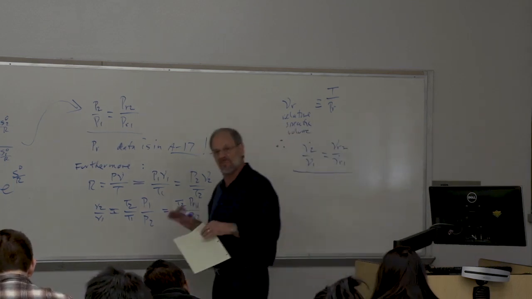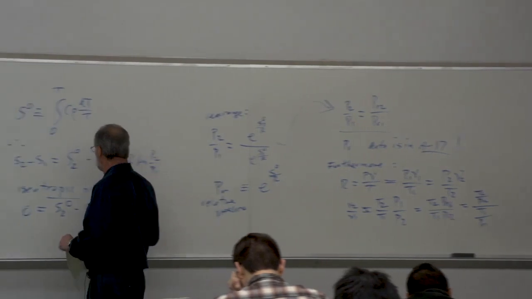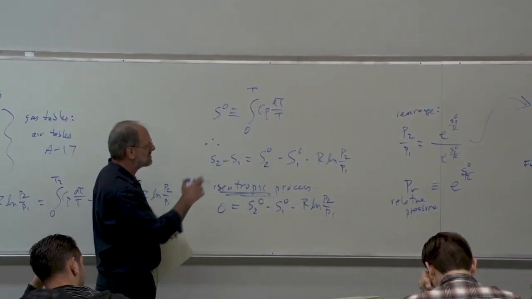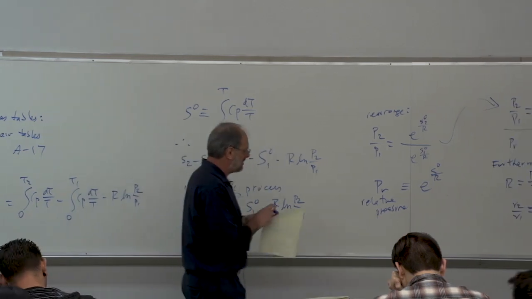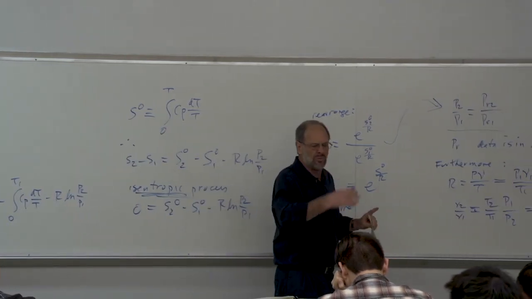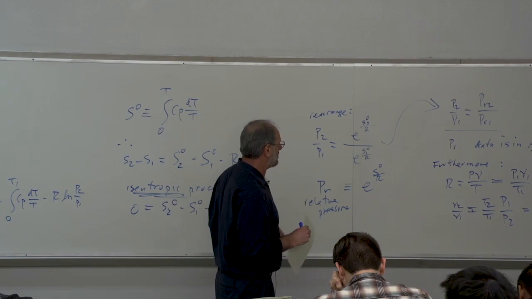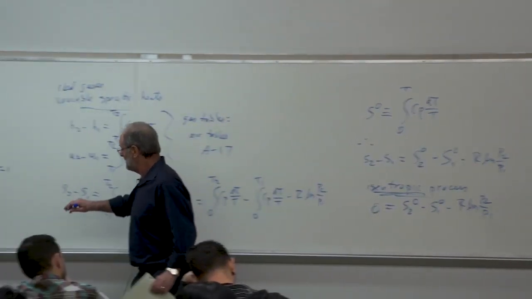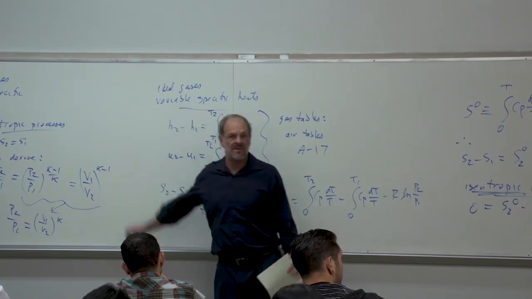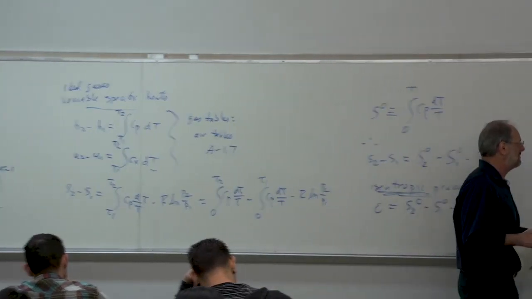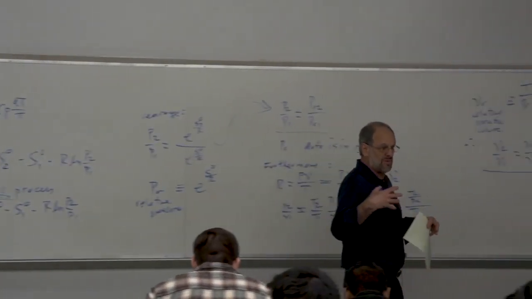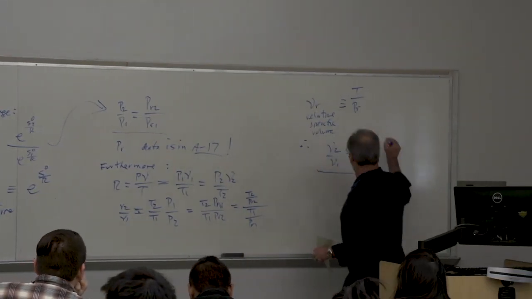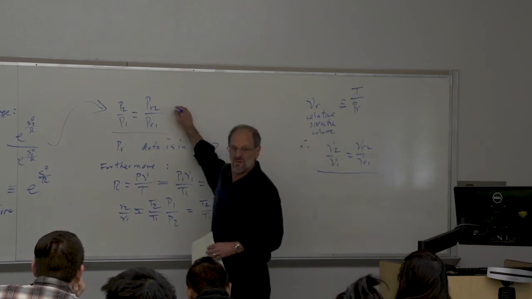So again, keep in mind, this applies only to isentropic processes, right? If you're doing a problem, and again, we'll look at problems eventually, with constant specific heats going through an isentropic process, these equations apply. If you're going through a problem with ideal gas with variable specific heats, then this equation and this equation apply.